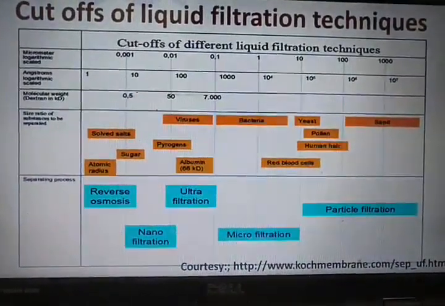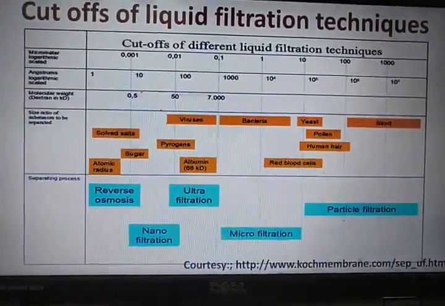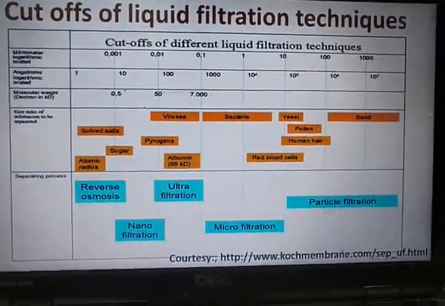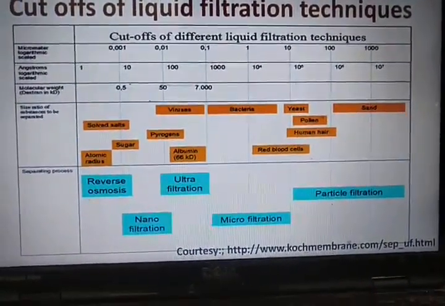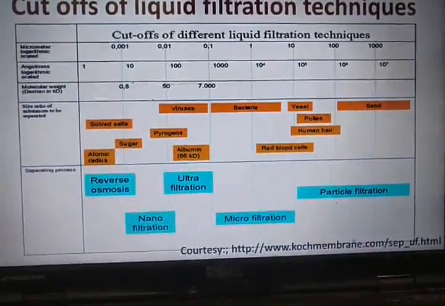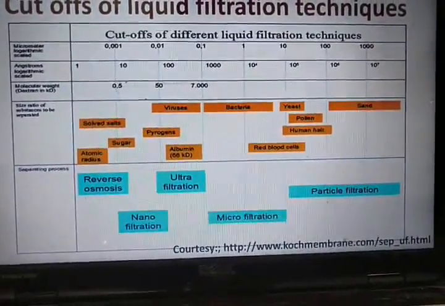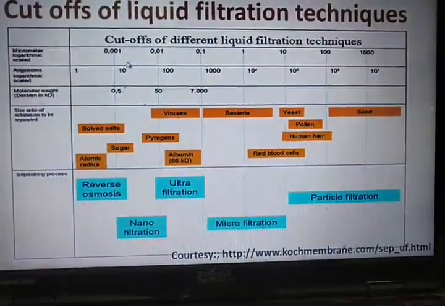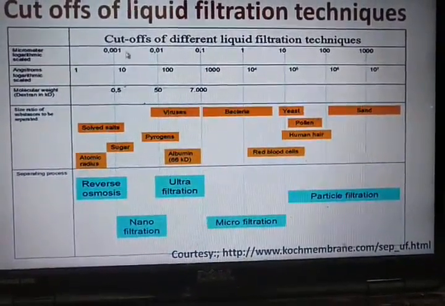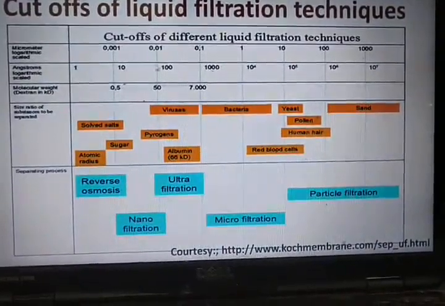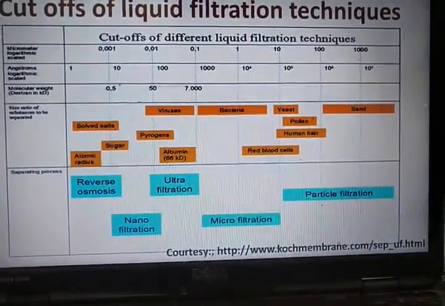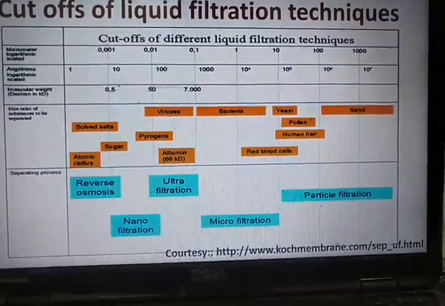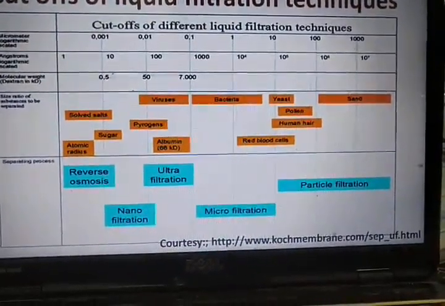So now let us see the different configurations of the membrane and the classification based on particle size. Here you can see the membrane pore diameter on a logarithmic micrometer scale on the top, and the removal efficiencies of different membrane technologies.